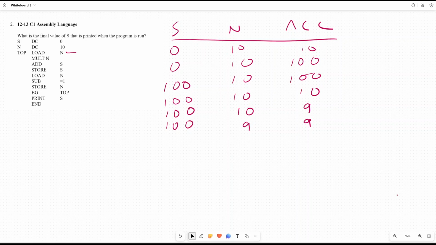Okay. We already have the same value in N, and we're multiplying it together. We're adding 100 to the accumulator. We're storing that in S. We're loading N, we're subtracting. This will become 8. And then we're storing that back in N.